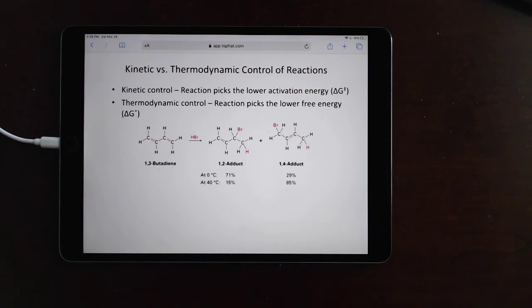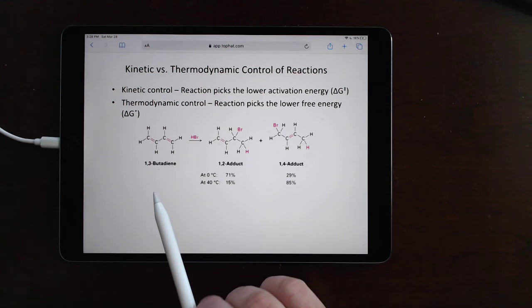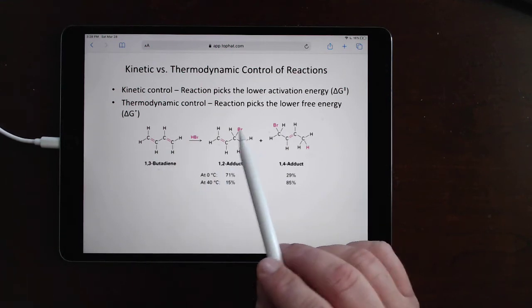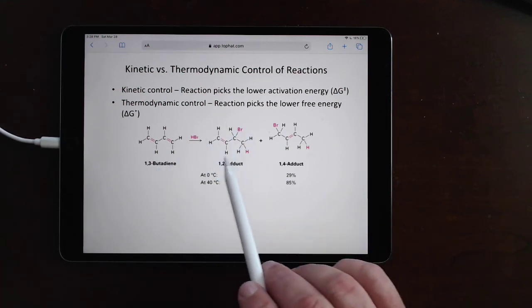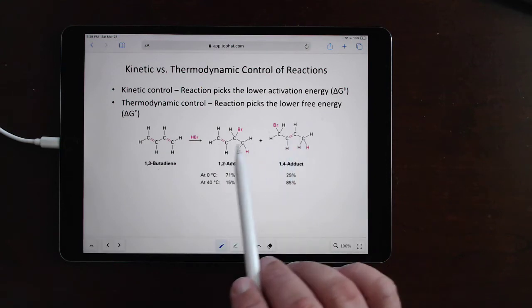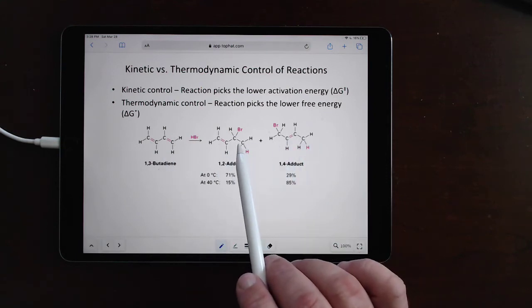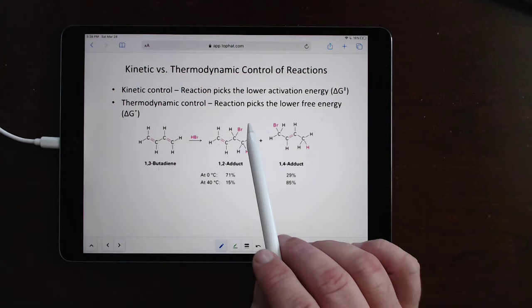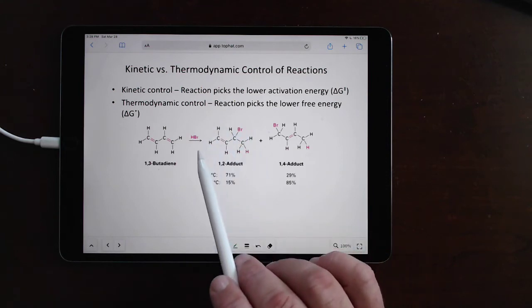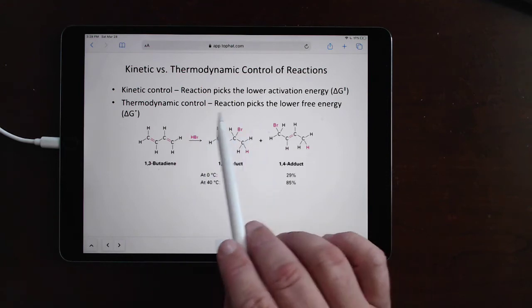Okay, so kinetic versus thermodynamic control. What chemists have realized is that if you mess around with the temperature, you can fine-tune which product you're going to be making. For this one, it turns out that if you run a reaction and you get 2 possible products, okay, this is an addition reaction, at low temperature this one accumulates.